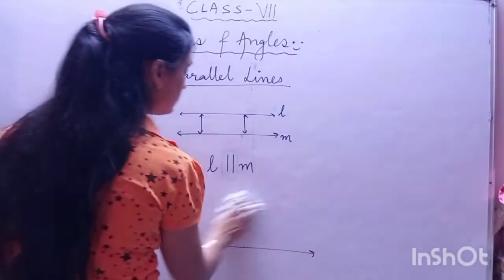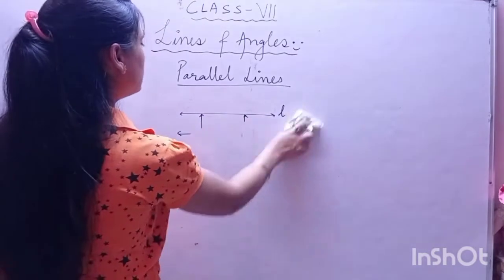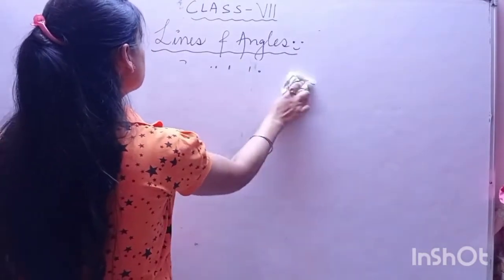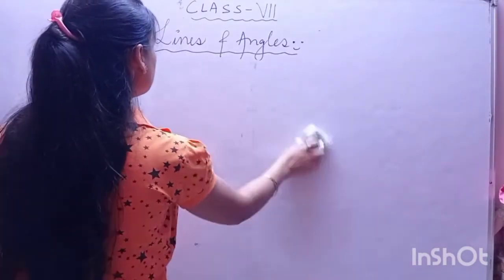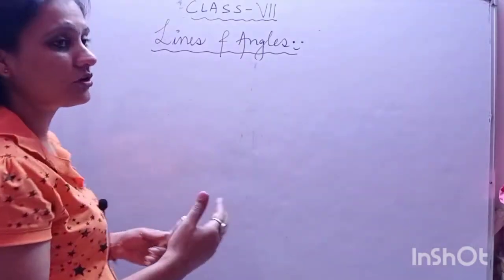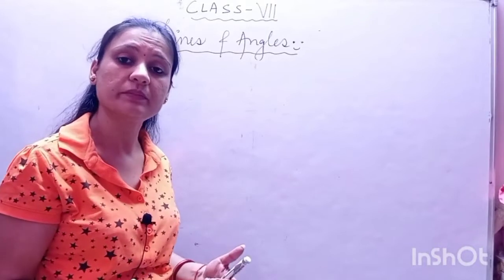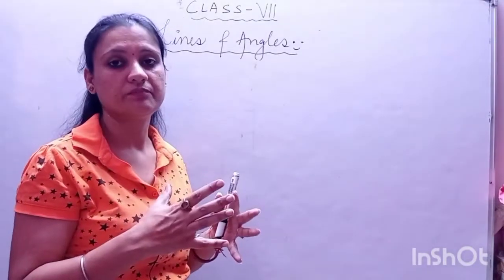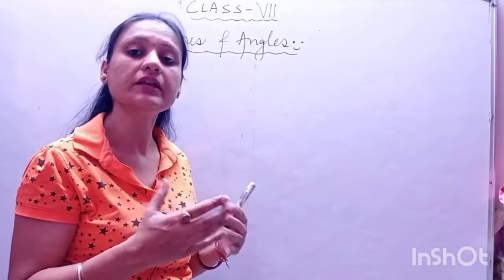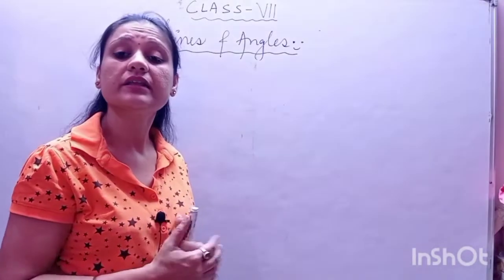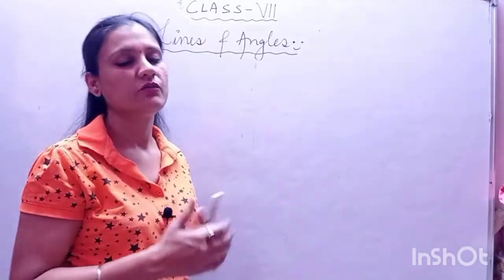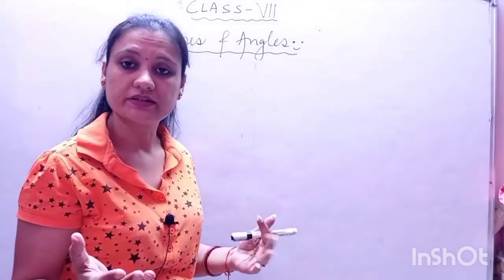Next comes another thing, you must have heard about complementary angles and supplementary angles. A pair of angles is called complementary when the sum of the angles is 90 degrees, and supplementary when the sum is 180 degrees, right?